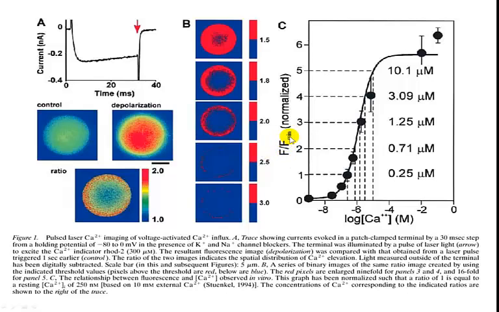So the F to F min normalized 1, 2, 3, 4, 5, and they know the calcium concentration, right? So this is kind of a standard curve, and then that lets them determine what the calcium concentration may have been in any one of these images.